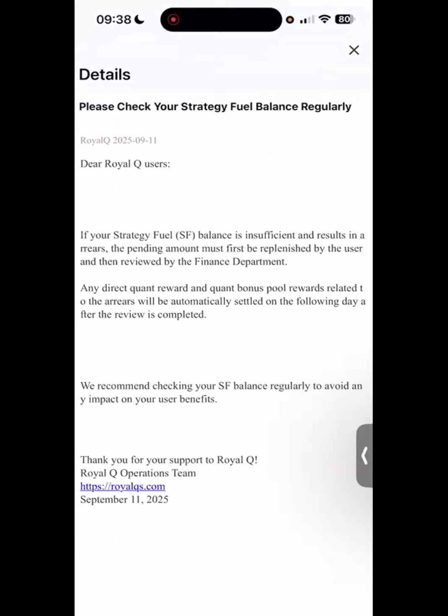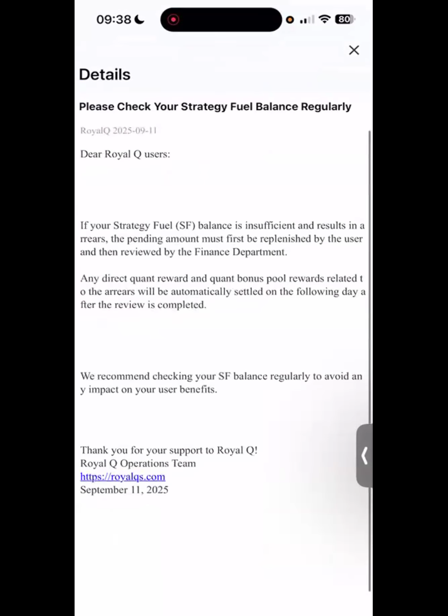So they said, please check your strategy fuel balance regularly. If your strategy fuel, that is SF, balance is insufficient and results in arrears, the pending amount must first be replenished by the user and then reviewed by the finance department.